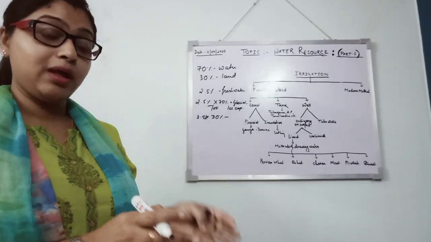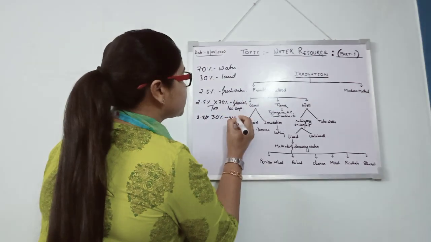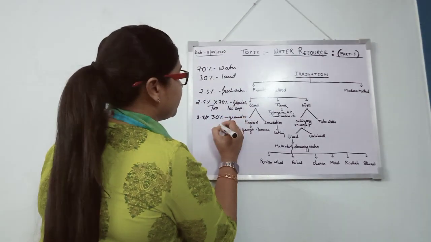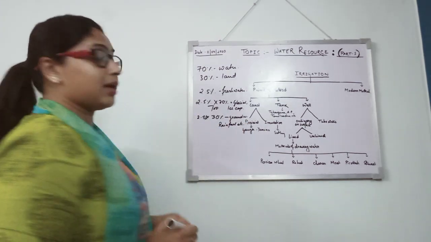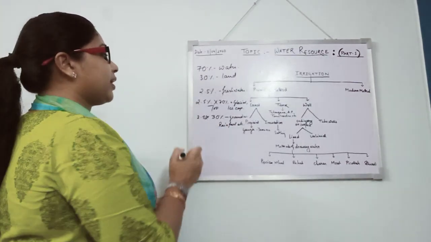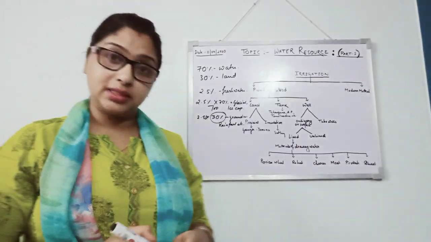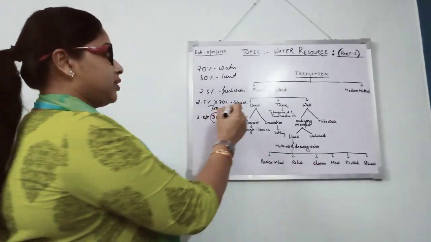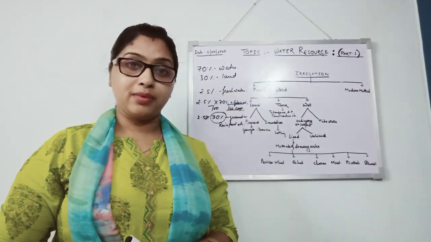These are accessible water including rainwater, groundwater, rainfall, etc. Clear? So here you can see we can access a very small percentage. The maximum percentage is also stored in the form of glaciers and ice caps.